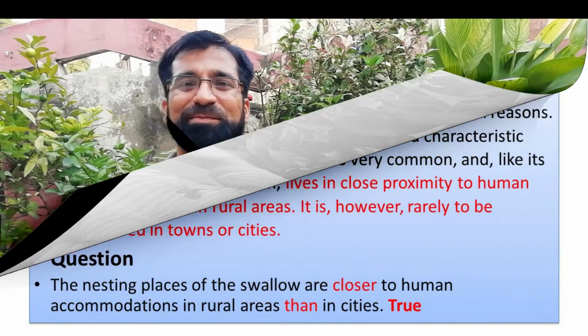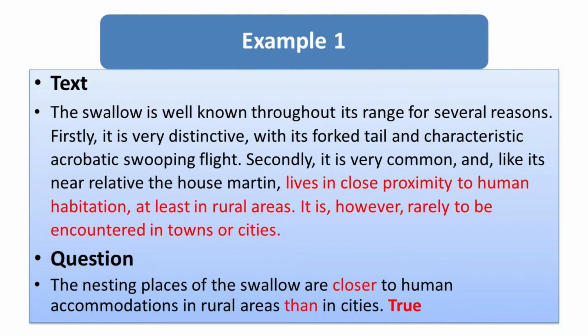Now, it's time to understand the concept that we have just discussed with the help of some examples. We have example 1 in front of us. The question says, the nesting places of the swallow are closer to human accommodation in rural areas than in cities.